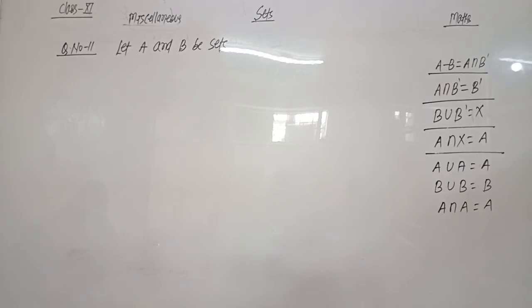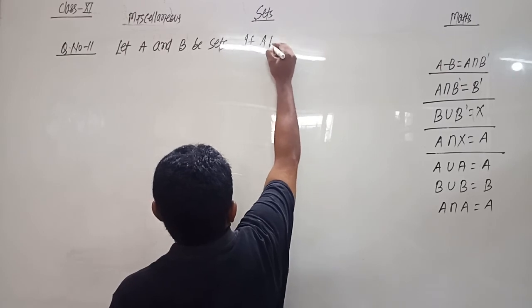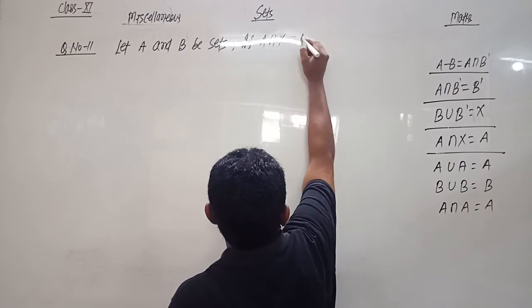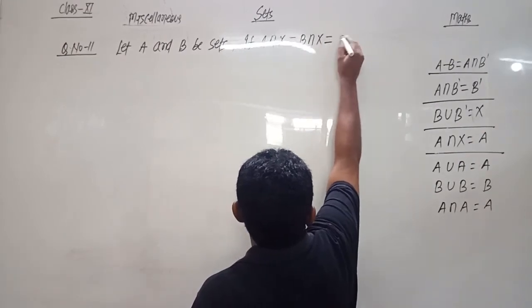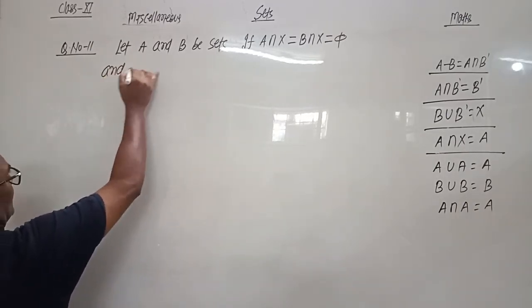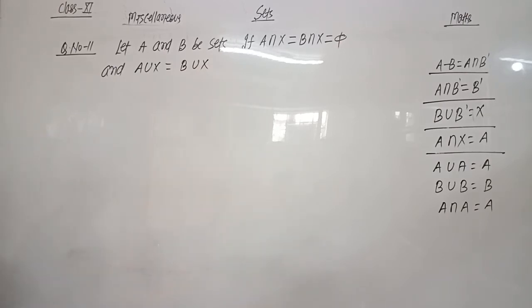If A intersection X equals B intersection X equals phi, and A union X equals B union X.